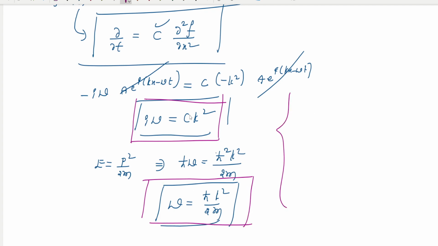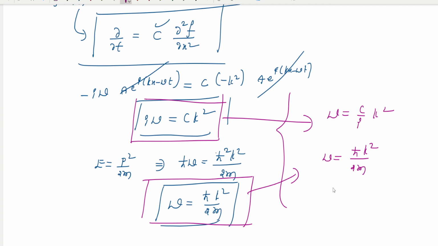Here C equal to i omega, then you can substitute, so omega equal to C divided by i k square from this equation. From this equation, omega equal to h cross k square divided by 2m.